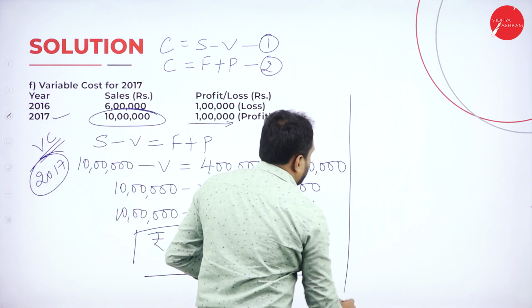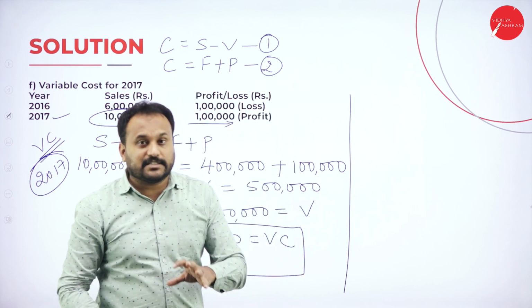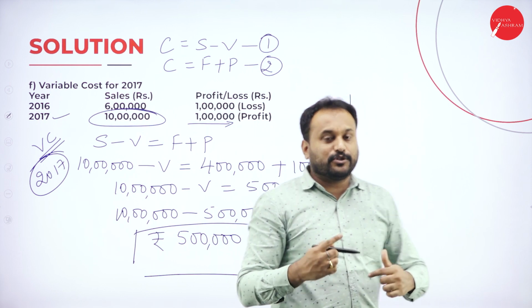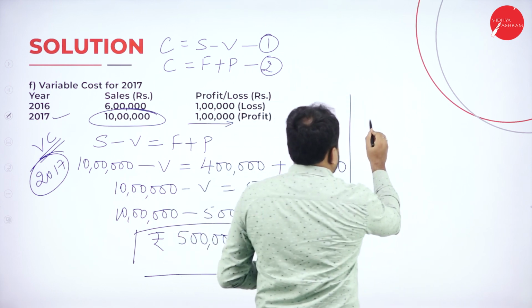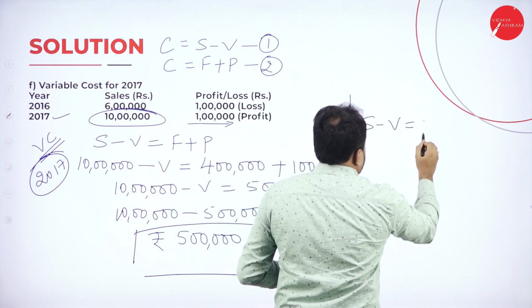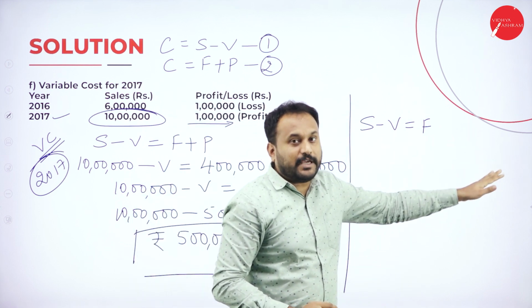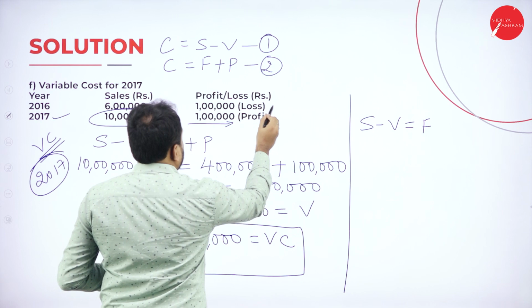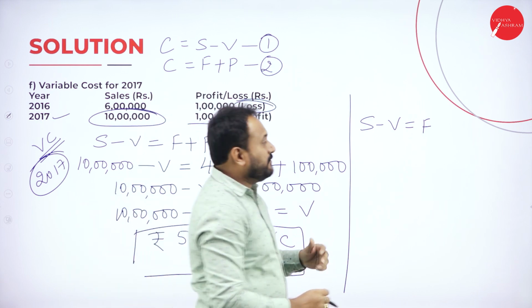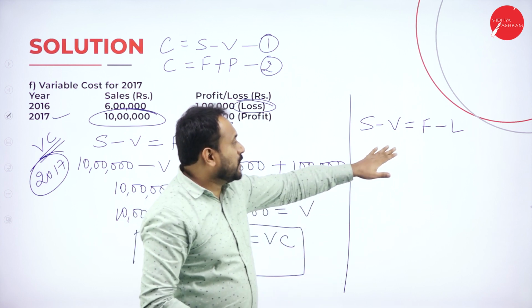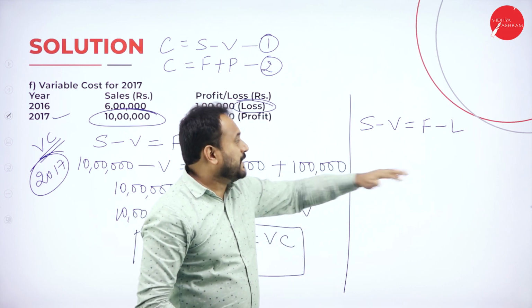Let's go with the variable cost of 2016. Though it is not given in the question, if they give it to you, this is how you are supposed to go about it. Again S minus V is equal to F, but instead of F plus P, now we have a loss. So it is F minus loss. This is the formula which you are supposed to apply here.